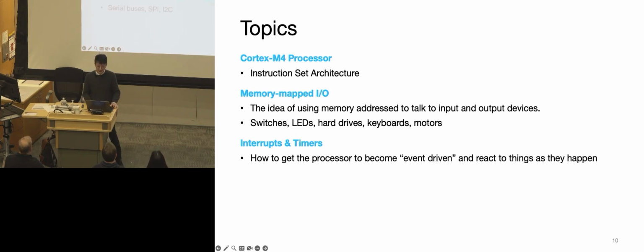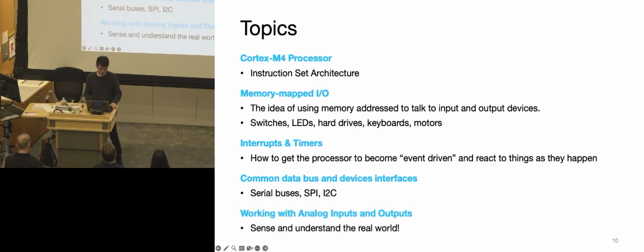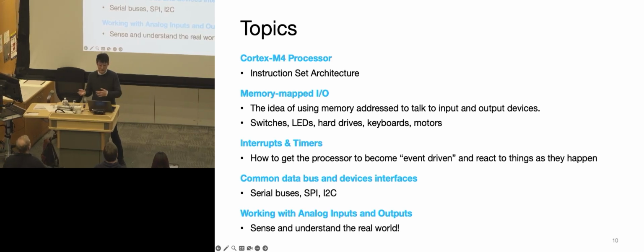Then the common data buses and device interfaces, basically how different types of devices communicate with each other through I2C, SPI, etc., and how exactly they work underneath. And you will be working with analog input and output, so you will learn ADC channels, analog-to-digital converters, and DAC, digital-to-analog converters, etc.